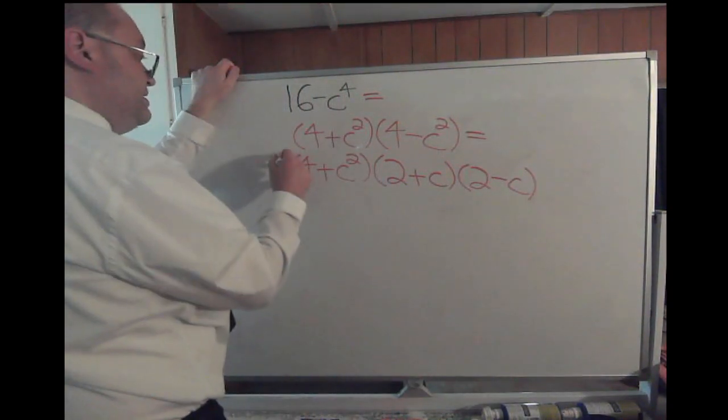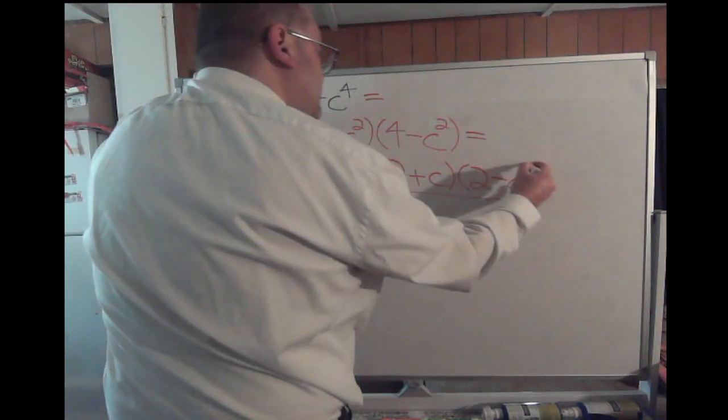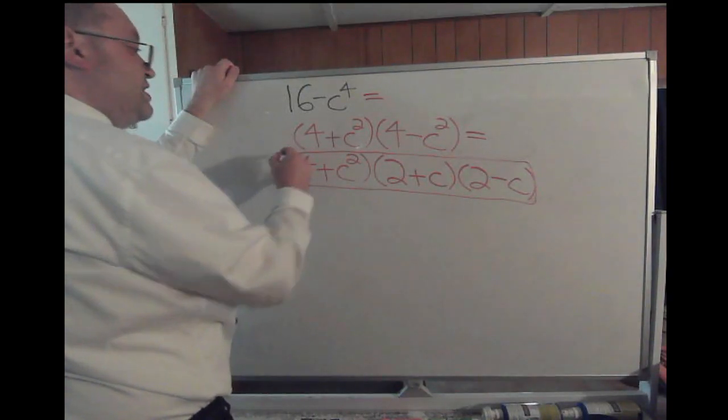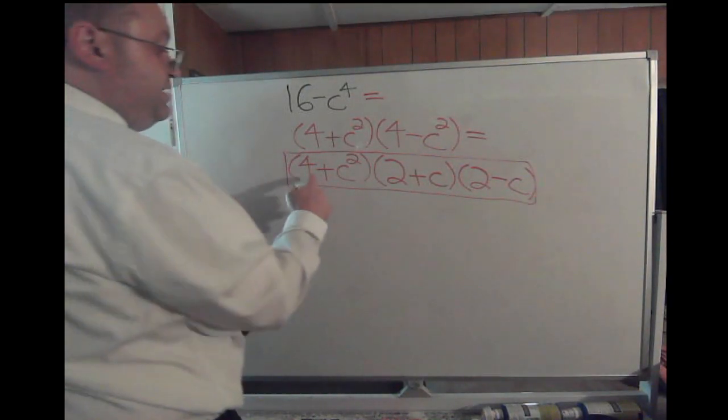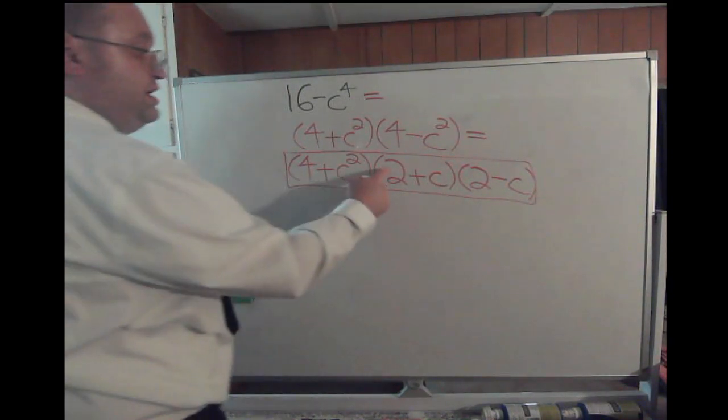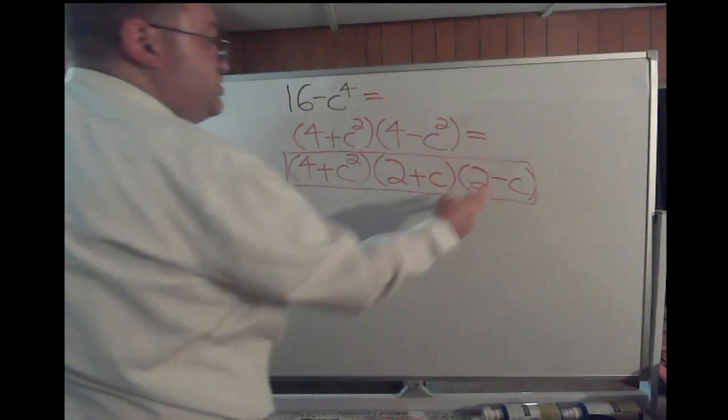And we can't expand this any further, so the answer you should get for your factorization is the quantity of 4 plus c squared times the quantity of 2 plus c times the quantity of 2 minus c.